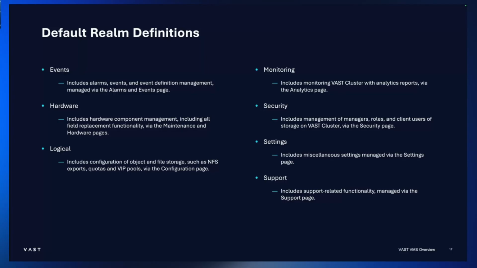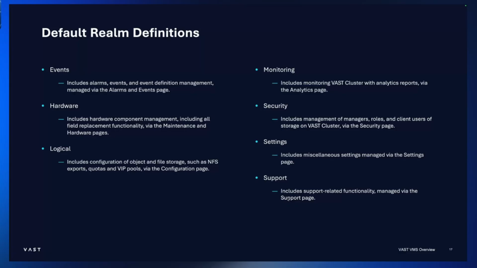When I say that, you may need a portion of the hardware realm or the logical realm, or let's say logical and security, to create identity policies and create S3 user keys and create views sometimes and view policies, because they're going to be pulling from different areas. Things like VIP pools, they're going to be under the logical area.